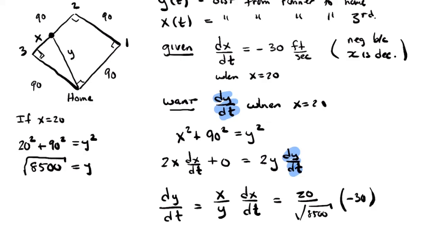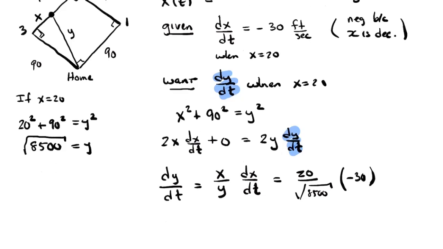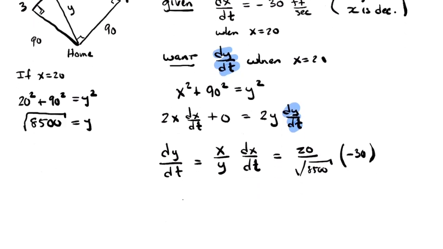You can get out your calculator and check that that is negative 600 over the square root of 8500.